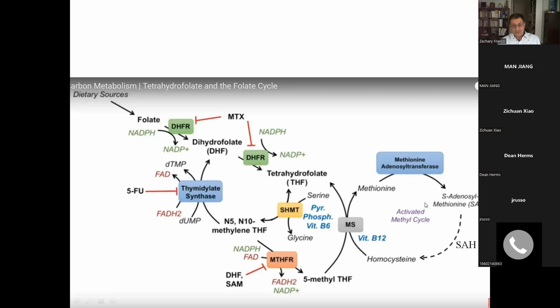Okay. Let me see, I didn't talk about SAM too much. SAM is basically methionine that when you attach the adenosine, it makes the methyl group easier to fall off. And then SAM turns into S-adenosylhomocysteine.